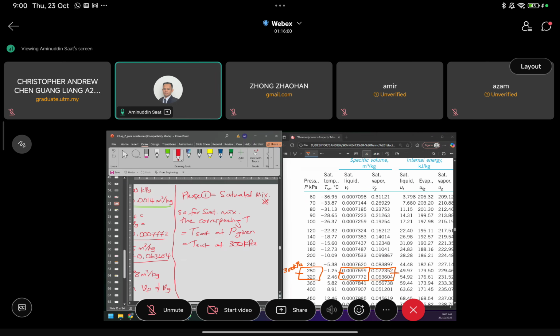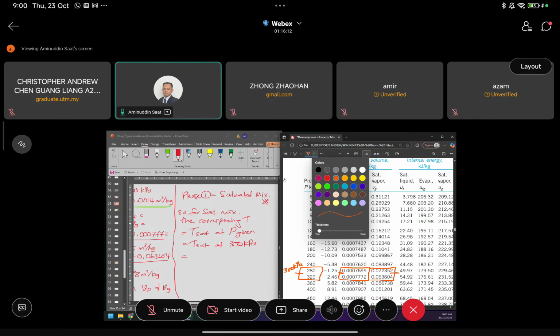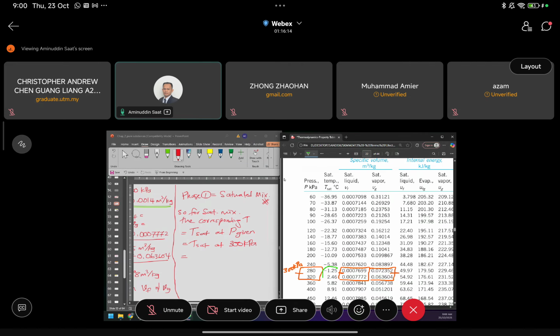Right? Because P given at 1 is 300 kilopascal. So you need to find this temperature. Okay, this temperature is in between these two. Remember this is refrigerant.